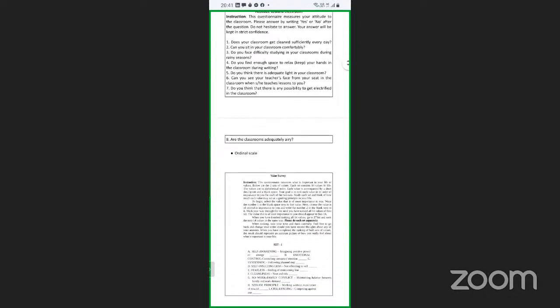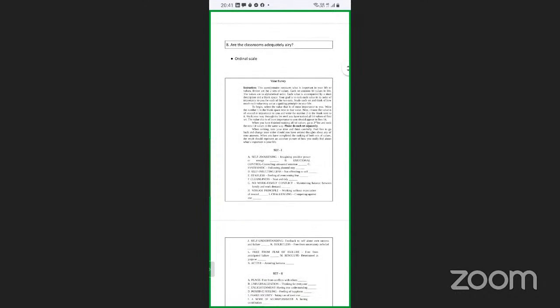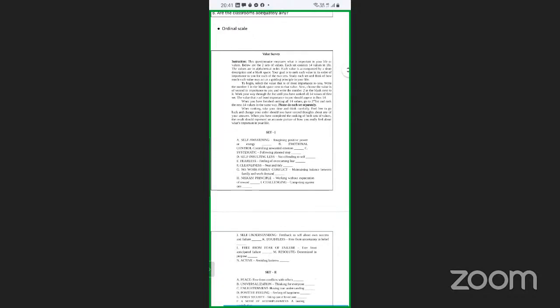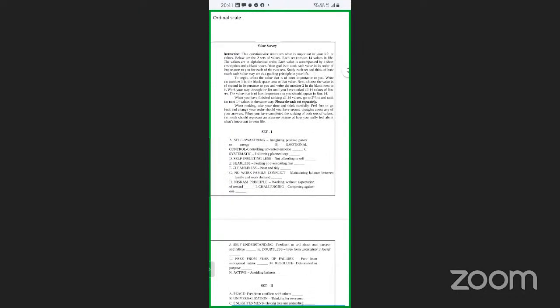Now you go to the ordinal scale. So Farah. Yes, sir. The ordinal scale, value survey instruction. This questionnaire measures what is important in your life, or values. Below are two sets of values. Each set consists of 14 values in life. The values are in alphabetical order. Each value is accompanied by a short description and a blank space.